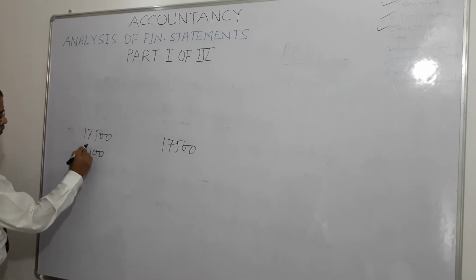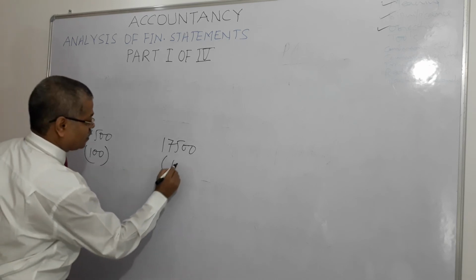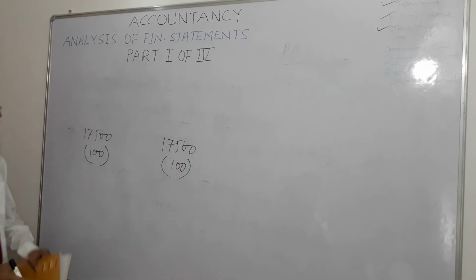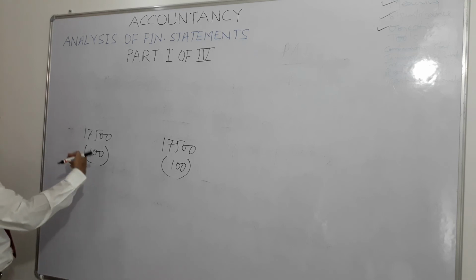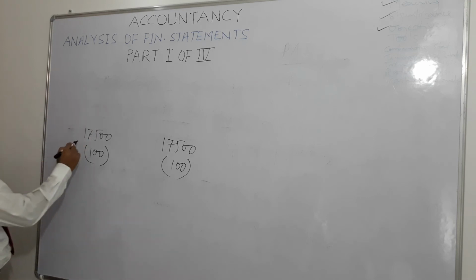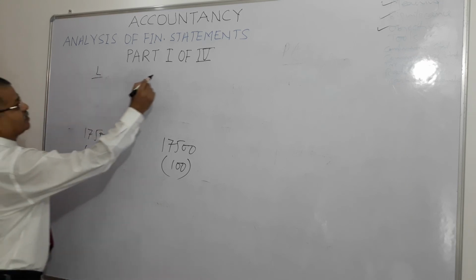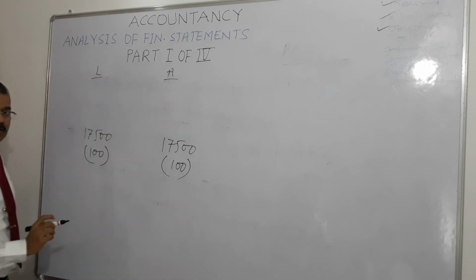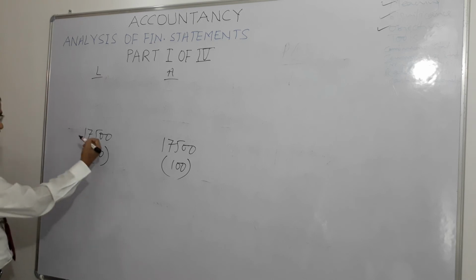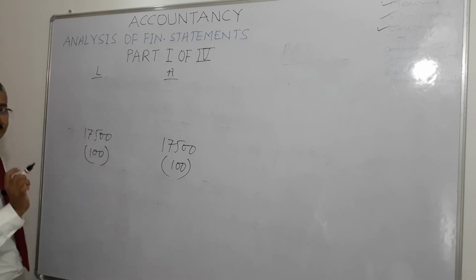So these we convert into 100. We treat this 17,500 as 100 and all other items of the balance sheet we represent as a percentage of this, right? Total balance sheet size is 17,500. We treat this 17,500 as 100.